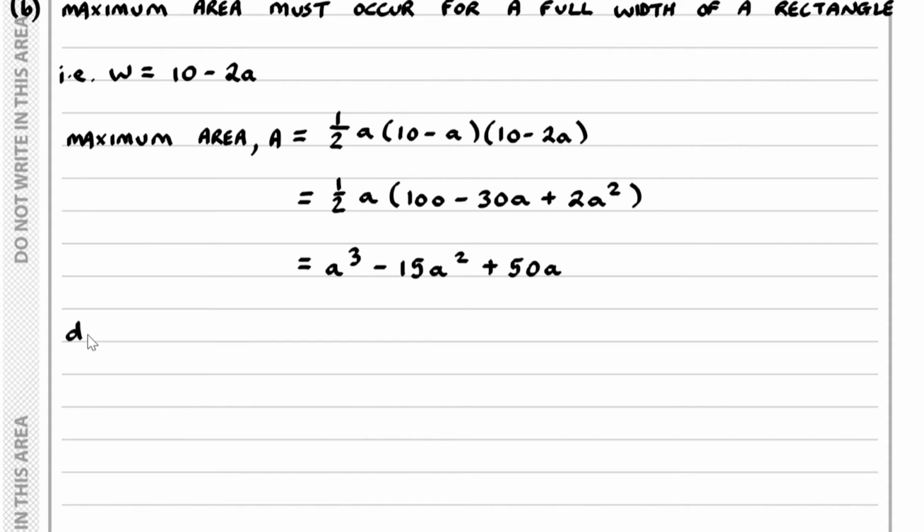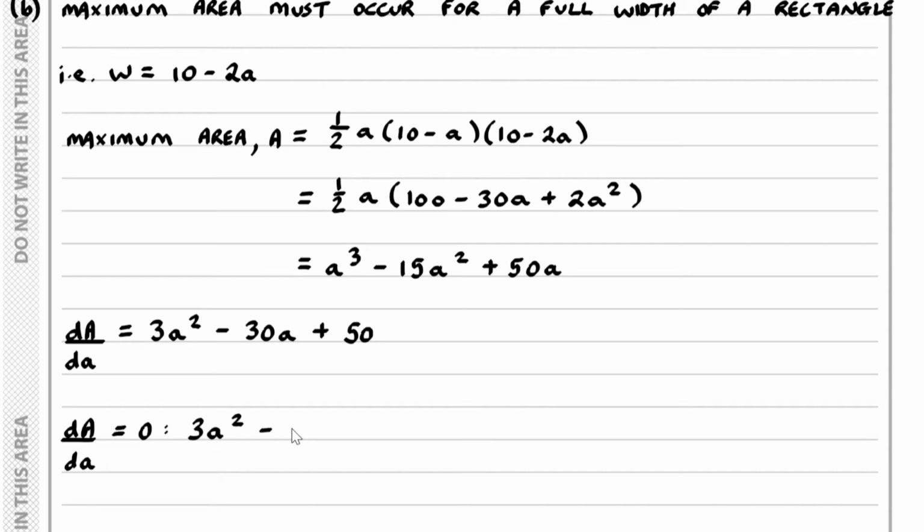So if we have dA over da, we can work out what this is. We have 3a squared subtract 30a plus 50. And if we now set this equal to 0, 3a squared subtract 30a plus 50 equals 0.